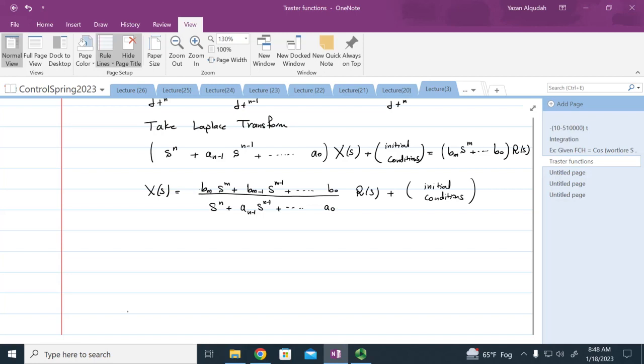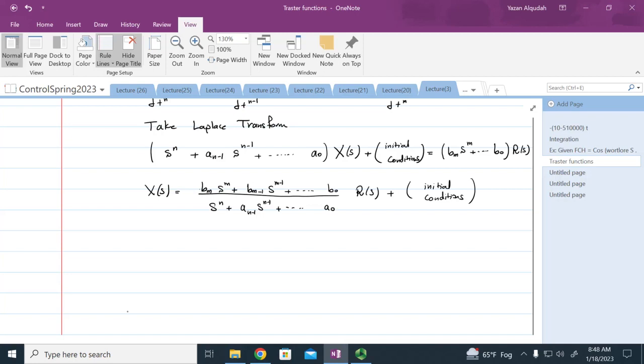Is this correct? Initial conditions divided by all this. Do you subtract the initial condition? No, I didn't. I moved the initial conditions to the other side, and I divided by this term here.